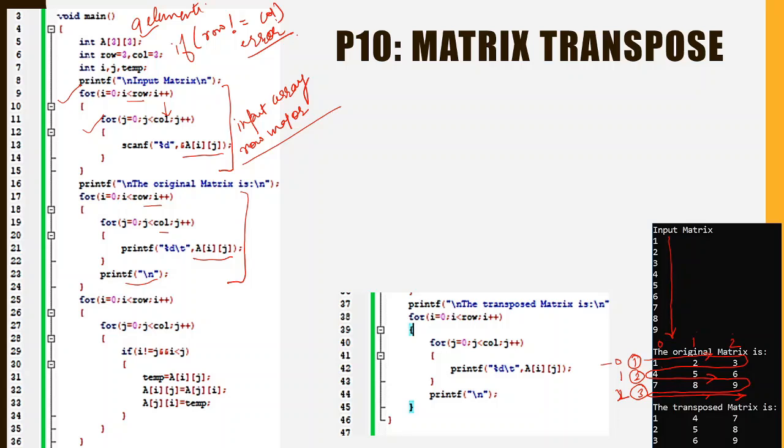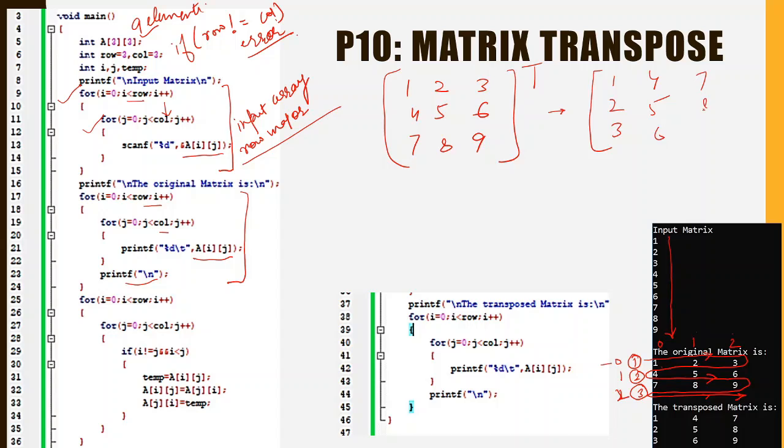do you know the logic of this matrix transpose? Suppose I take the input matrix 1, 2, 3, 4, 5, 6, and 7, 8, 9. Okay, this is how it is stored over here. And if I want to calculate its transpose, mathematically, if I do this, it should look like that. Okay, 1, 2, 3, 4, 5, 6, and 7, 8, 9.